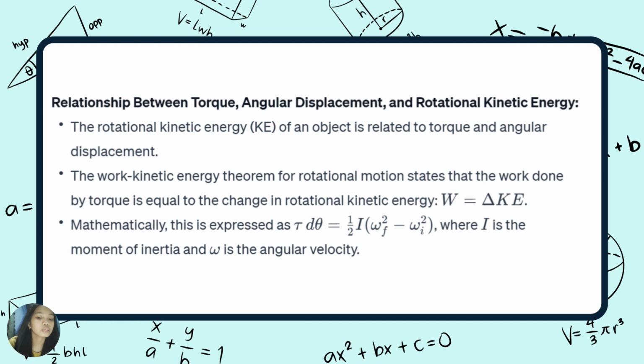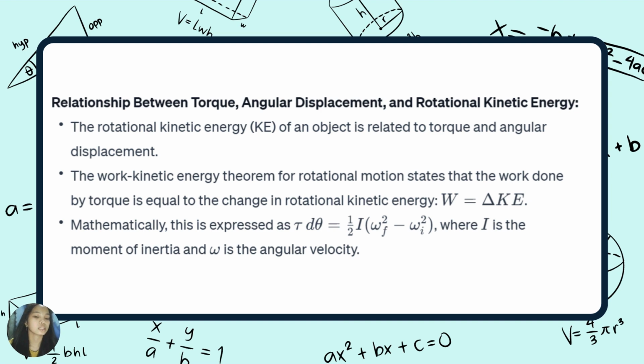Relationship between torque, angular displacement, and rotational kinetic energy. The rotational kinetic energy, KE, of an object is related to torque and angular displacement. The work-kinetic energy theorem for rotational motion states that the work done by torque is equal to the change in rotational kinetic energy. W equals delta KE.